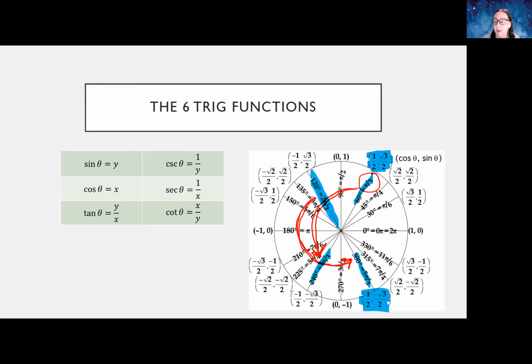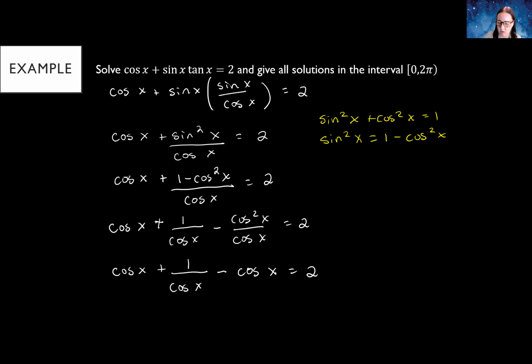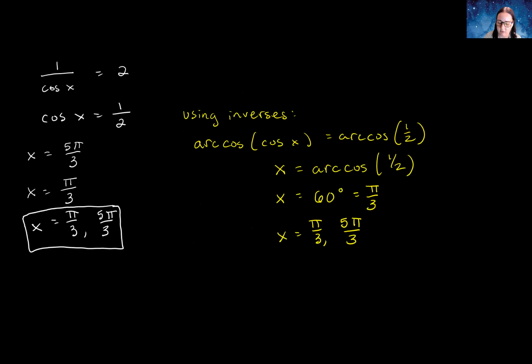If we go back to our two cosine ones, to get the other answer we basically had to add 4 pi over 3, because your calculator only gave you pi over 3. So 4 pi over 3 is a kind of weird thing to add, but you can do that.